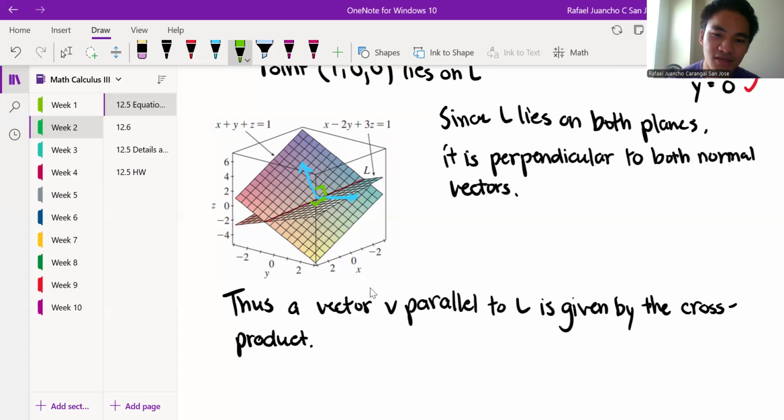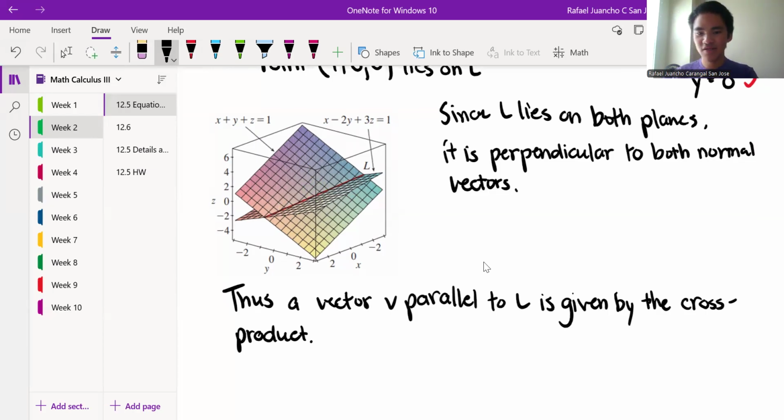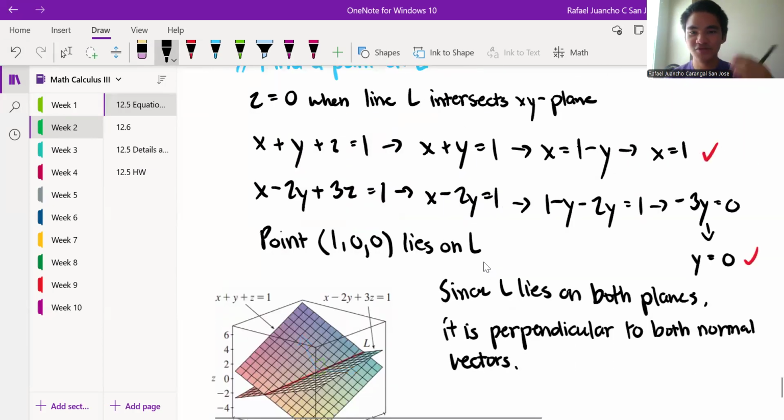I'm thinking. It's probably just going to look like this. That's probably V, parallel to this thing here, and also parallel to the other vector. Now, I still have no idea why we're doing that. I'm trying to wrap my head around it.